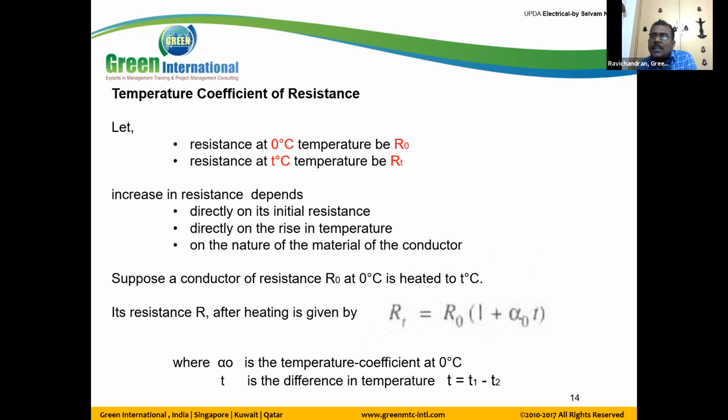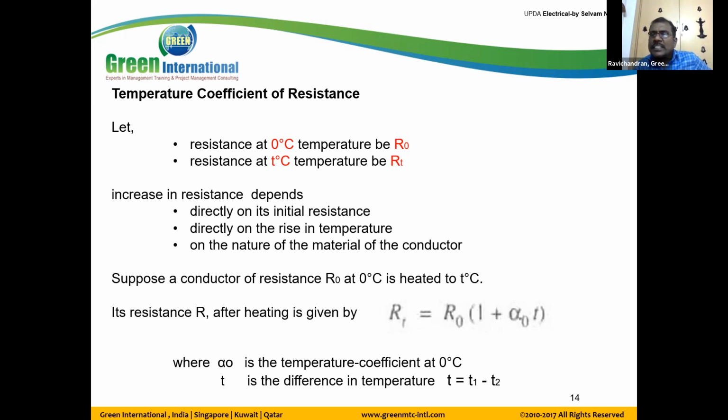In the summer season, the induction motor temperature is 55 degrees Celsius. But if you go in winter, the temperature varies. Assume the induction motor is considered a conductor. If the temperature varies, the resistance value also varies. So that's why temperature is an important parameter.